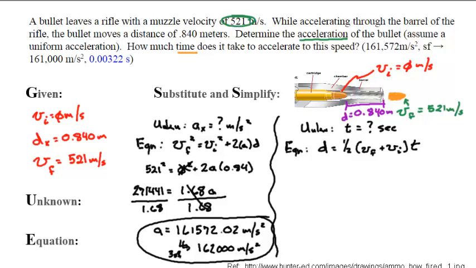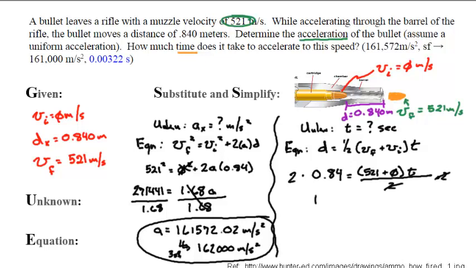When I replace numbers for letters, I get 0.84 equals velocity final is 521 plus 0 times time, which I don't know, divided by 2. In order to simplify this side, I'll multiply by 2 to cancel. Whatever I do to the right, I have to do to the left.